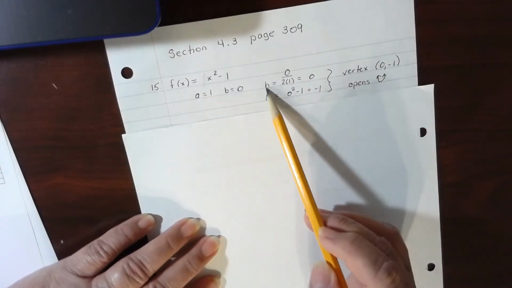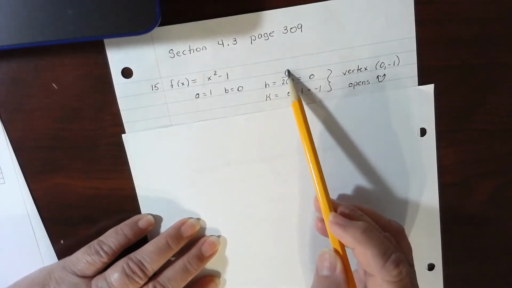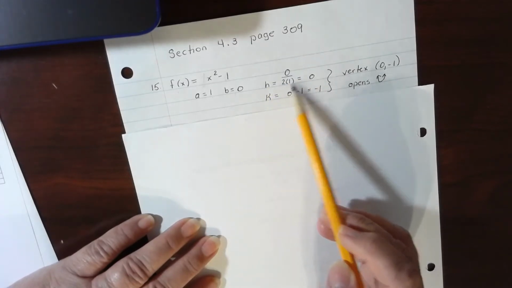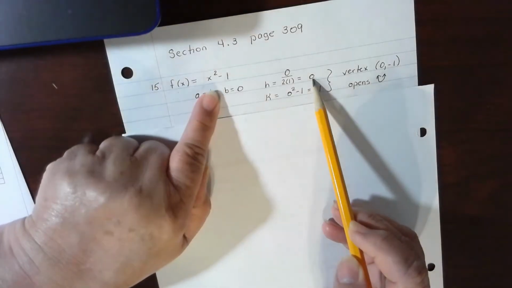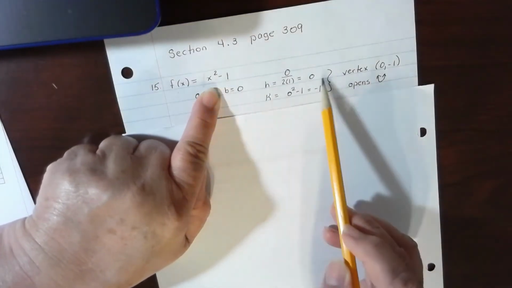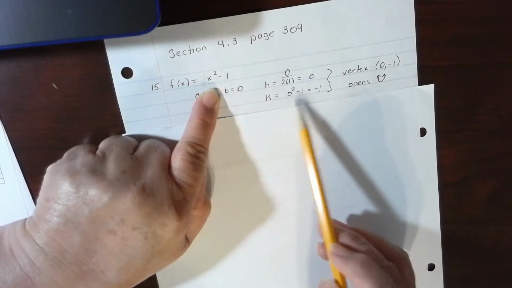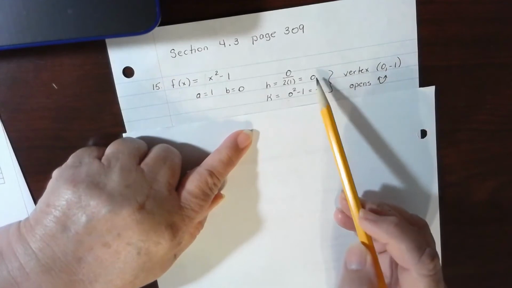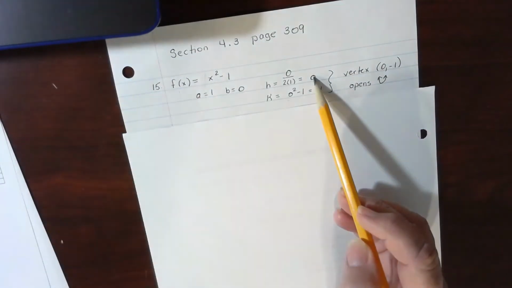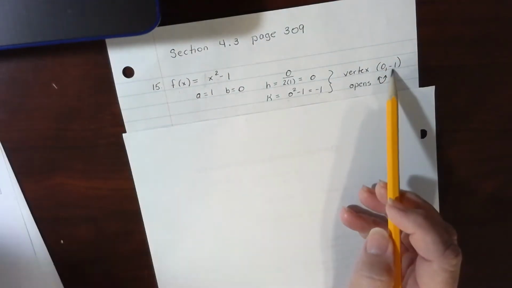So to find h, you take the opposite of b over 2 times a and you get 0. Now you take that 0 and put it back into this equation in order to find k. And I got negative 1. So that tells me my vertex is 0, negative 1.